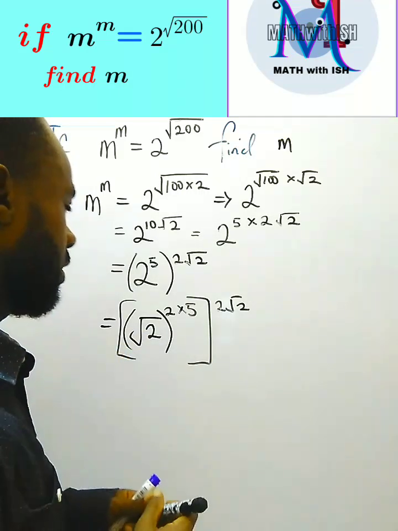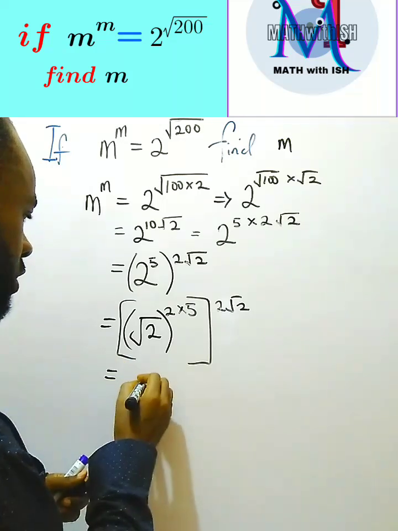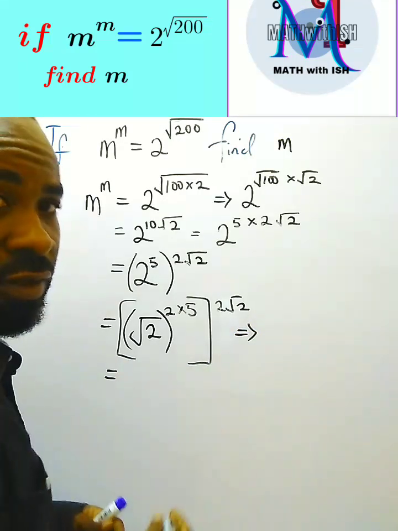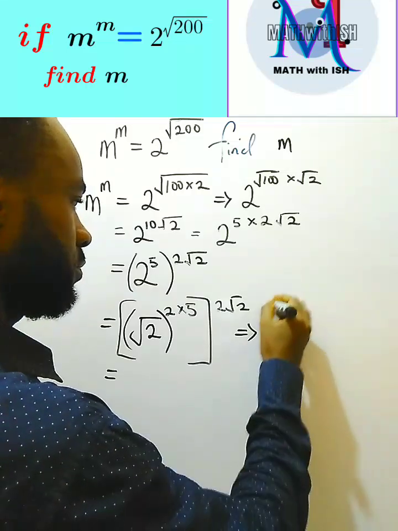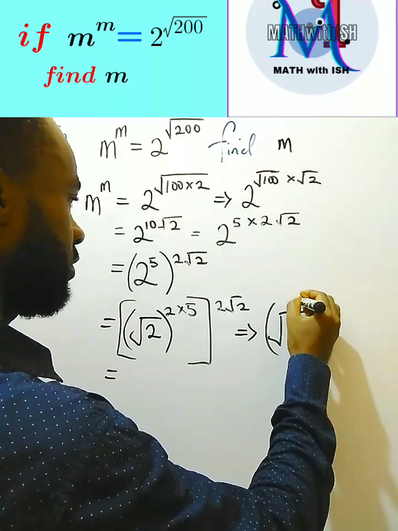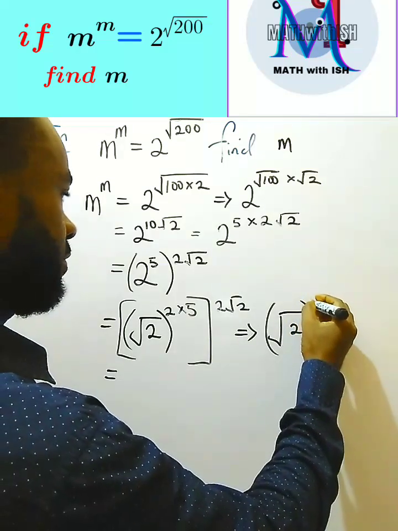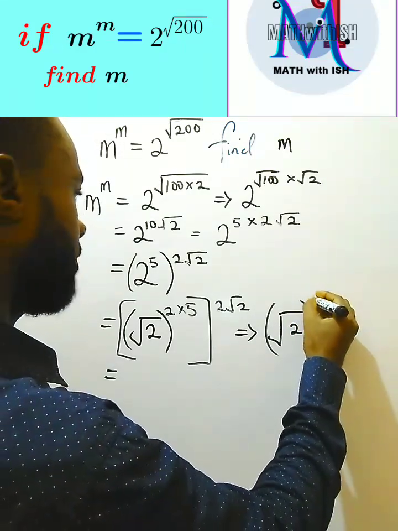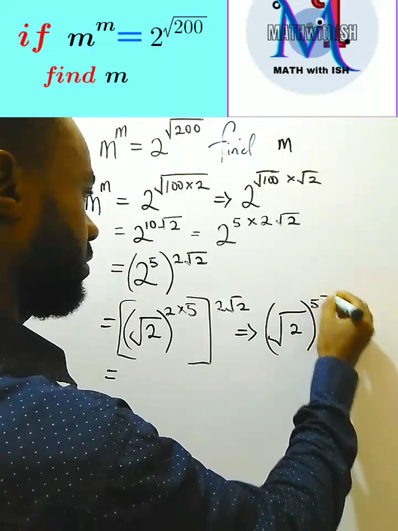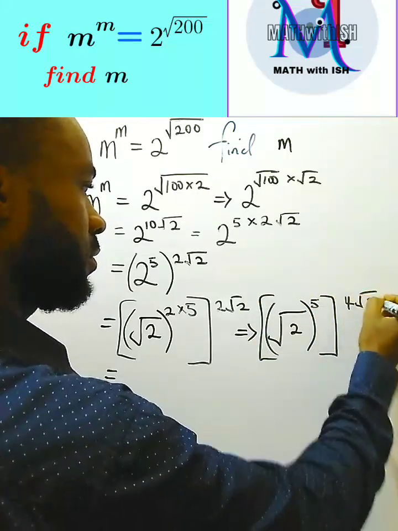Can you see that? Now that is going to give me square root of 2 raised to the power of 10. Okay, sorry, it's above 5, bracket 4 root 2.